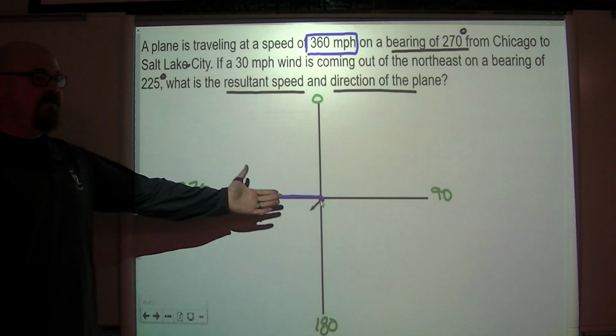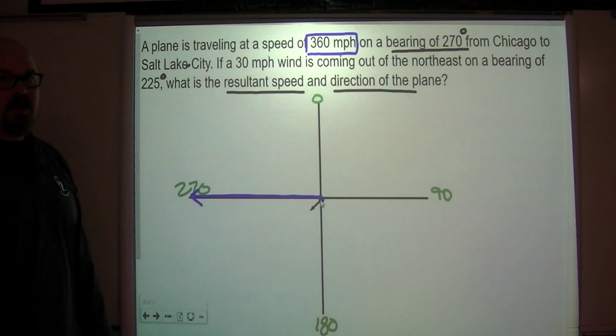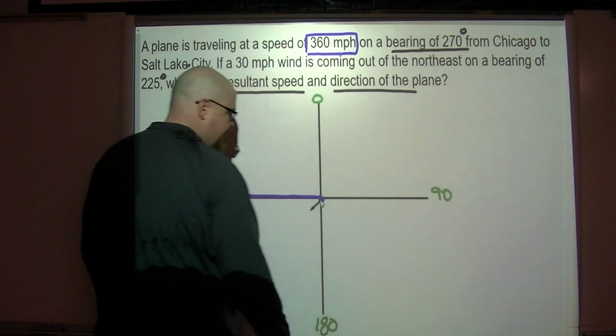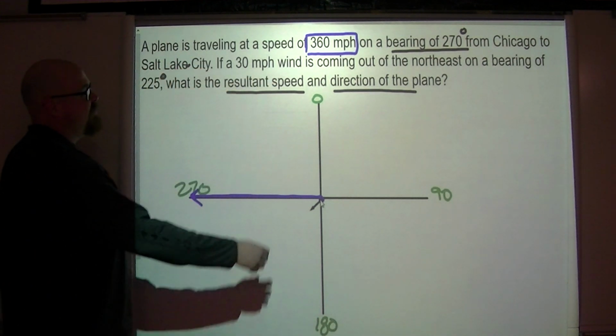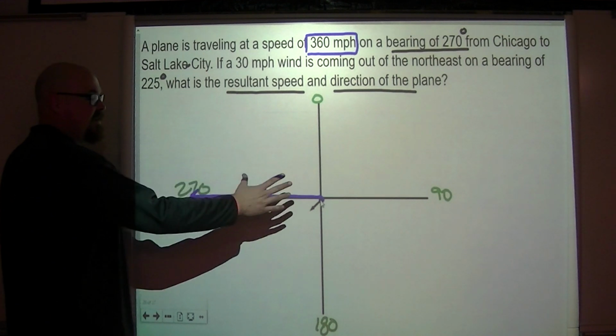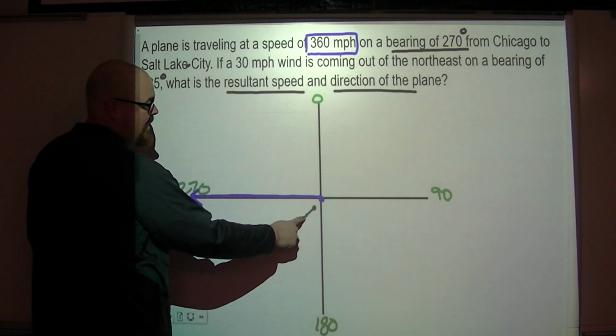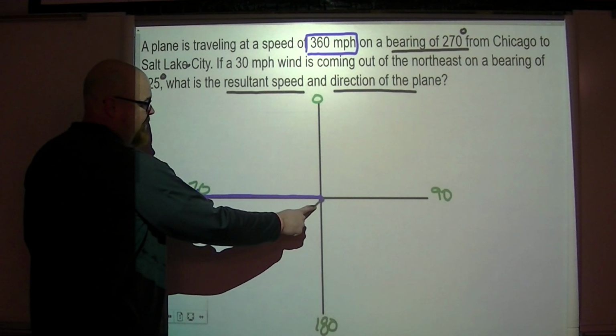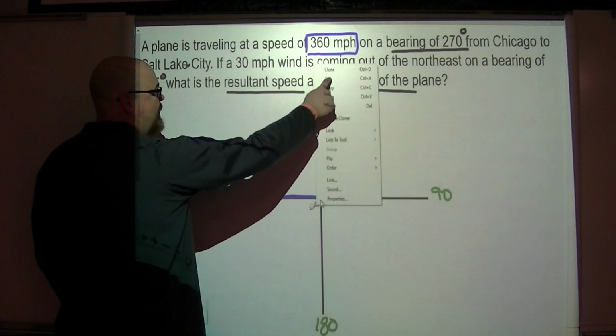Okay, now it's going to affect it, but clearly it's not going to affect it that much. Just because this is a little bit more applicable, what happens when the speed of the wind affects the speed of the airplane? I can take this vector, and let me copy it instead of just dragging that one over there.